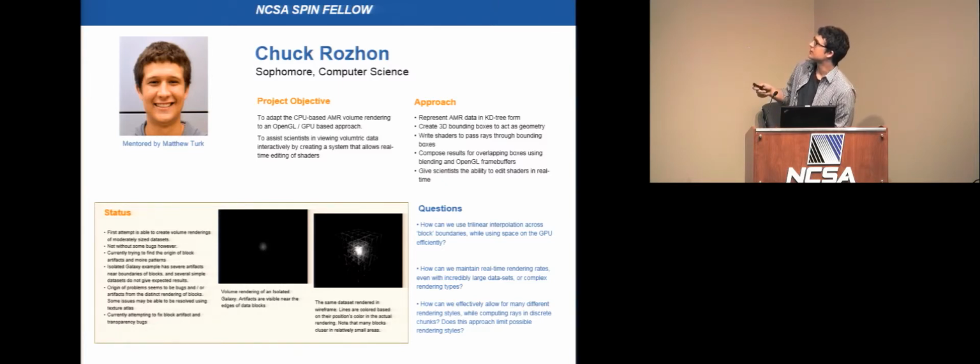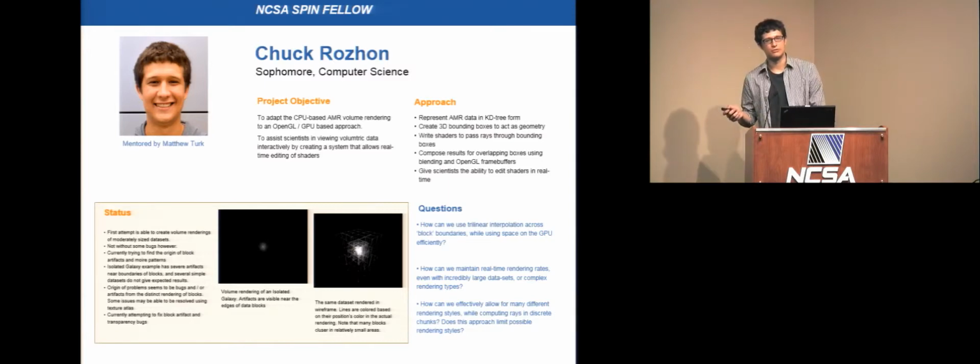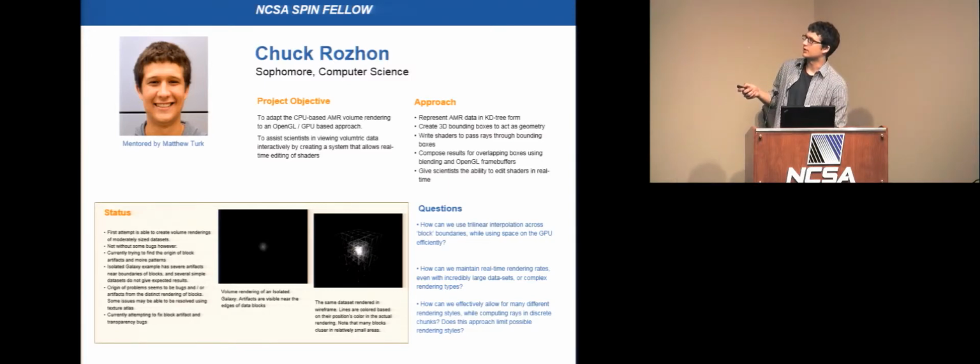Some of the questions that we are looking at is how can we ensure that we can use the trilinear interpolation that's given to us by the GPU for free across the box boundaries? Because right now we're only loading one box of data into the GPU at once. So ideally, something we're thinking about right now is being able to load as much data into the GPU as possible and then interpolating across the different boxes, either with something like a texture atlas or something like that.